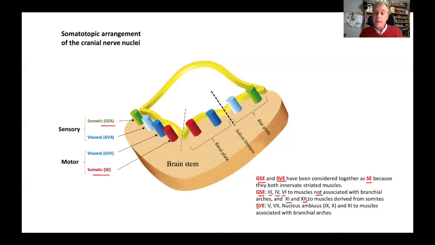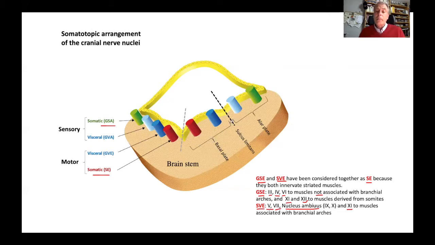And the special visceral afferent component is formed by the trigeminus, facial, the nucleus ambiguus that is formed by the glossopharyngeus and vagus, and accessory because they innervate muscles that are associated with branchial arches. Okay?